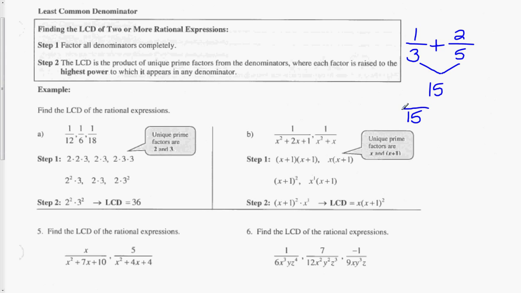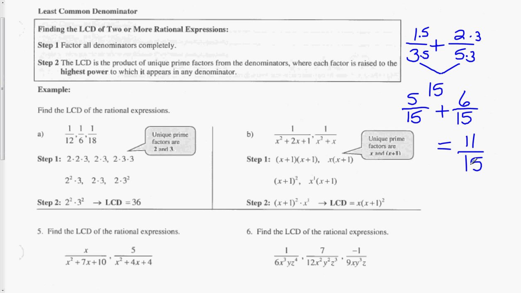So what we would do when we would be adding fractions, we would change both of those to something over 15. We would say 3 times 5 is 15, so 1 times 5 is 5. 5 times 3 is 15, so 2 times 3 is 6. So I've made equivalent fractions, 5 over 15 plus 6 over 15, and then you'd add those and get your 11 over 15. That's what we do when we just have numbers.